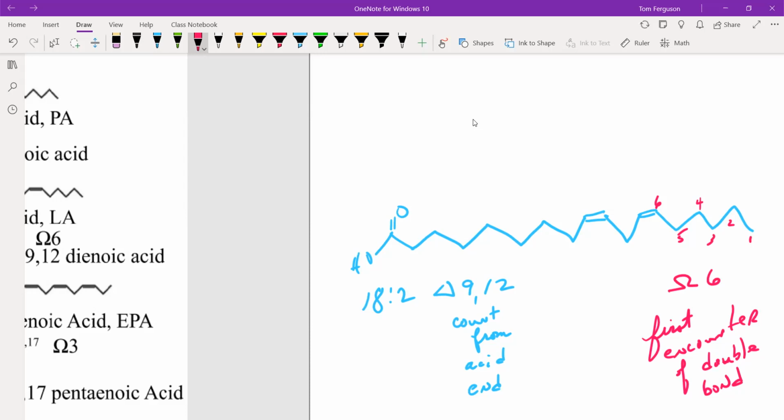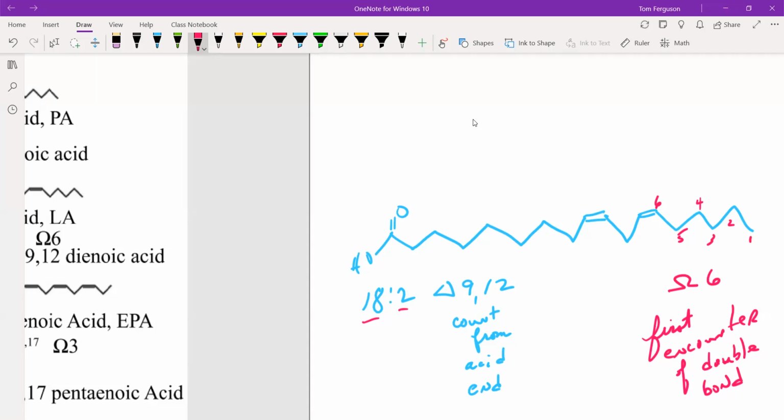Biochemists don't use that. Biochemists use this one on the left in blue because it has more information. It tells you it's 18 carbons long, has 2 double bonds, and their positions, 9 and 12, relative to the acid end.